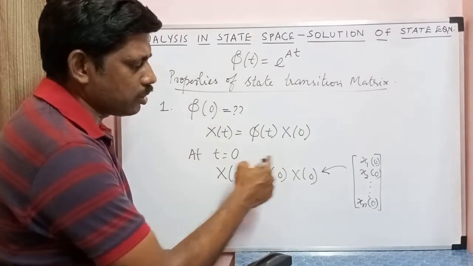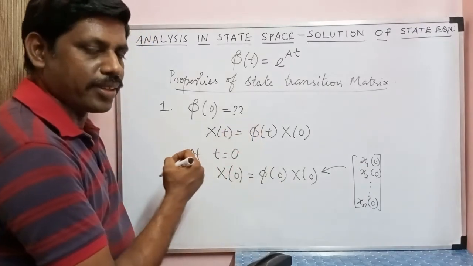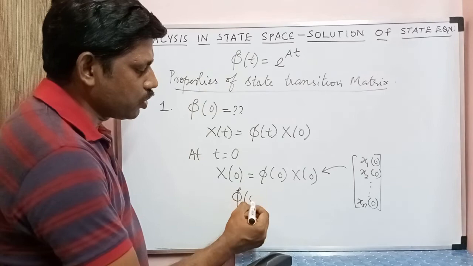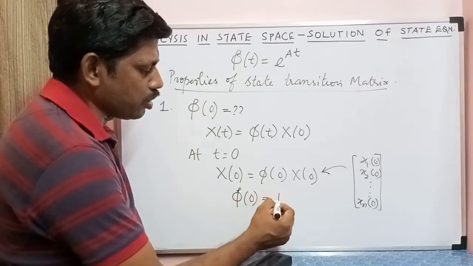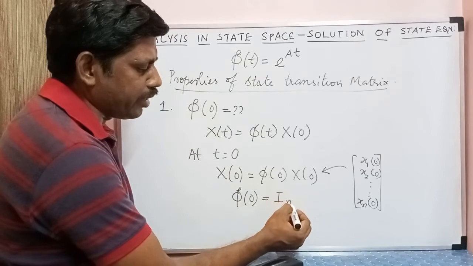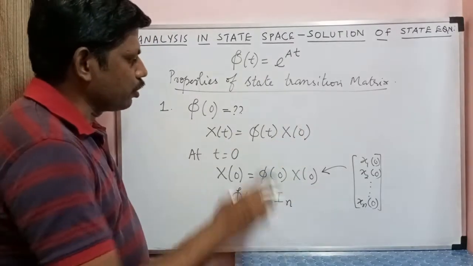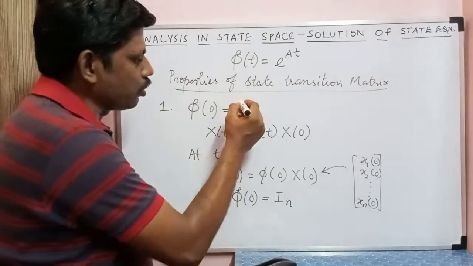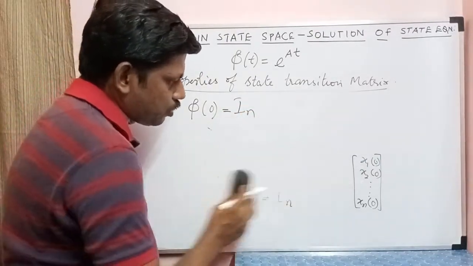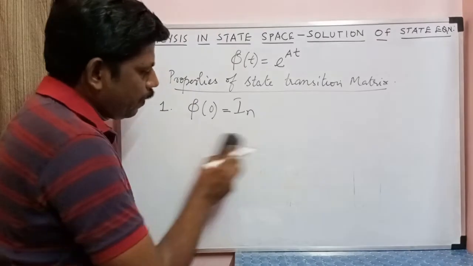It means that this square matrix is an identity matrix. Therefore, phi of 0 is nothing but an identity matrix of order n. So phi of 0 is equal to I n. So that is the first property.